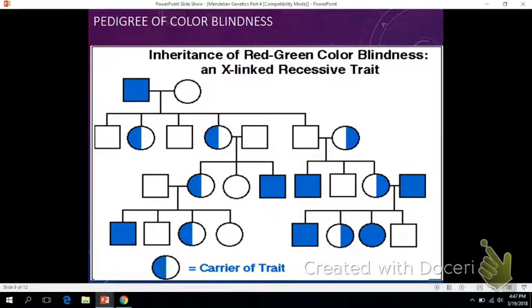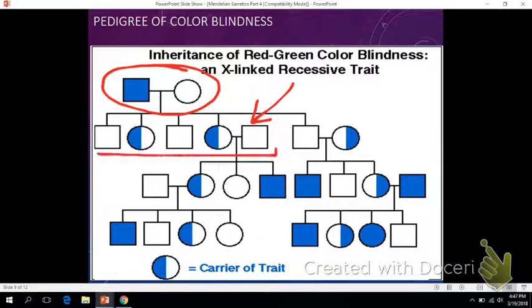If you'll look at the colorblind father and the normal colored vision mother up here at the top, look at their offspring. Every one of their daughters is a carrier of color blindness, but every one of their sons has normal colored vision, just like we said.